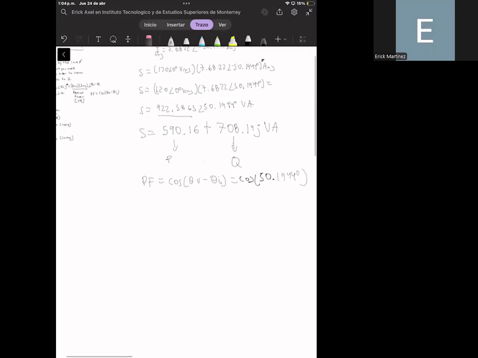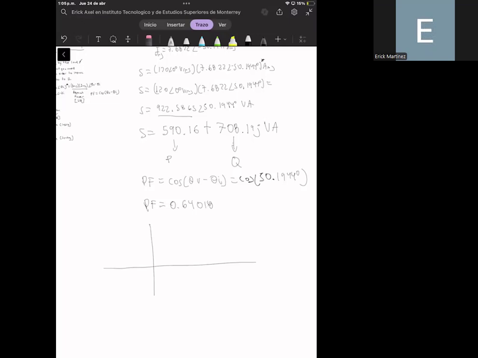Okay, so if we compute the cosine of this angle, you will notice that the power factor is equal to 0.64. And we can also plot this complex power in the imaginary plane.